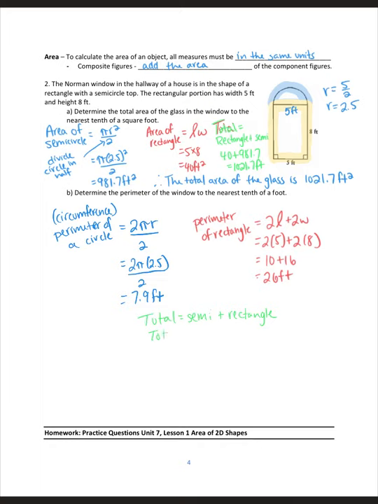Okay, so the total is going to be 7.9 plus 26, which is 33.9 feet. So therefore, the perimeter of the window is 33.9 feet. Okay, that is it for your notes for today.